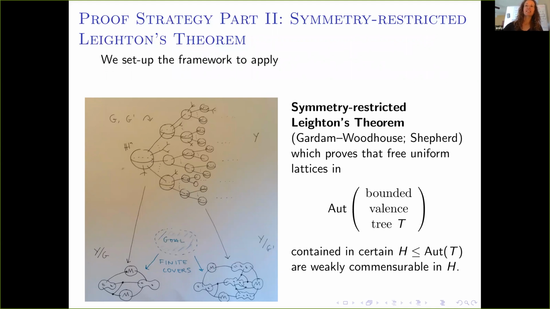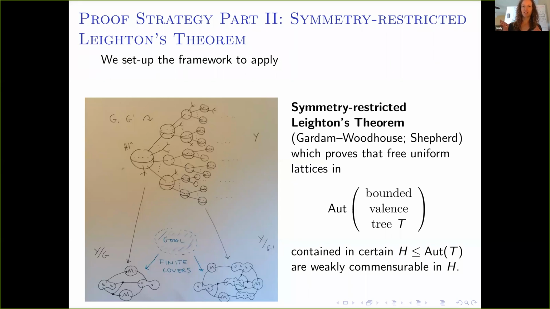And like Leighton's theorem, it proves that free uniform lattices in the automorphism group of a bounded valence tree T, so that the lattices are contained in a symmetry-restricted subgroup H in the automorphism group of the tree, are commensurable within this symmetry-restricted subgroup H. So as one example, you could imagine that your graphs are colored and your tree is colored, and H is the color preserving automorphism group of the tree.